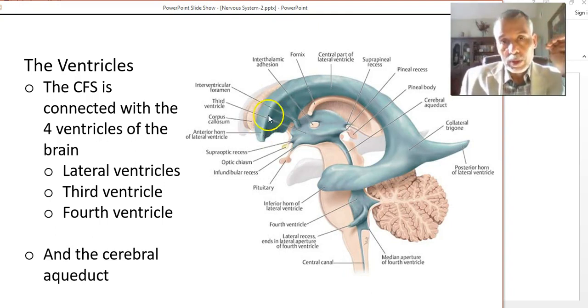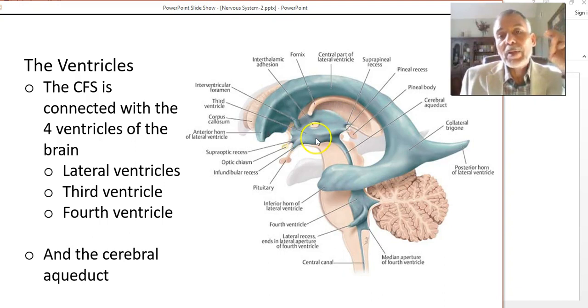So the first ventricle is called the right ventricle, or lateral ventricle, which is the right one. And then the other lateral ventricle, the other one on the other side, is the left ventricle. So these are 2. And then you have the third ventricle beneath here.